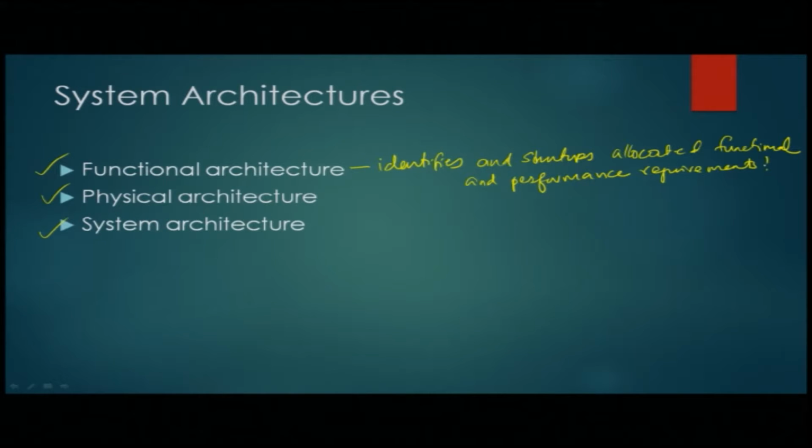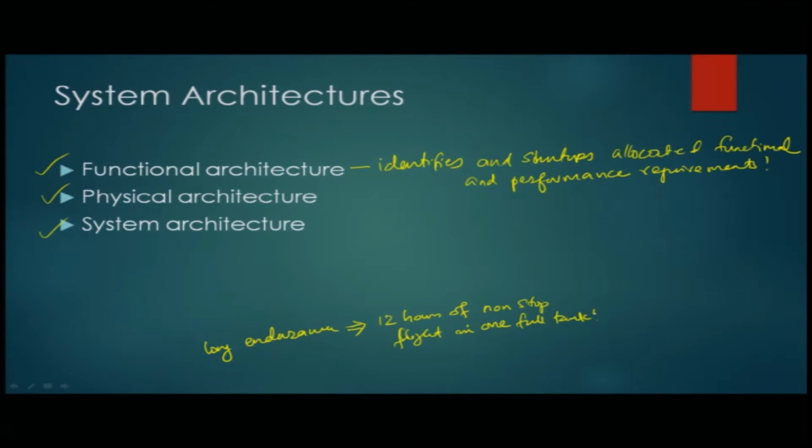So, if you think about the UAV that we talked about, somebody said it should be long endurance, which translates to something like, let us say, 12 hours of non-stop flight in one full tank, something like this. Okay. So, this will be a performance requirement.